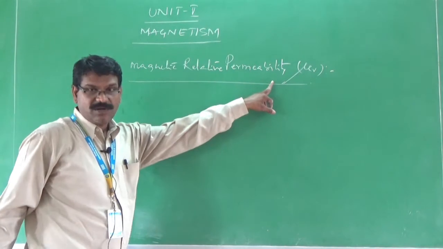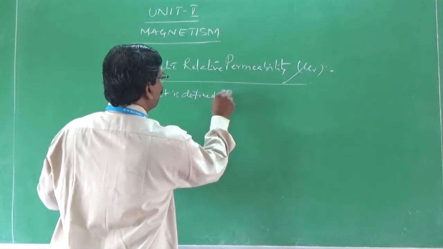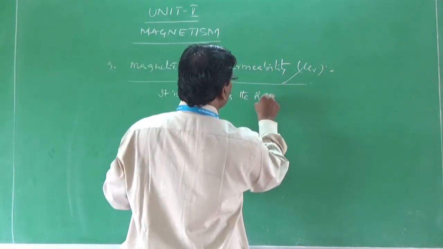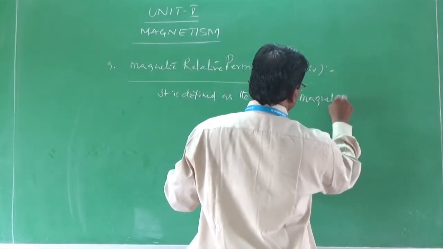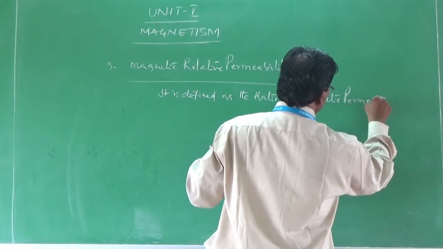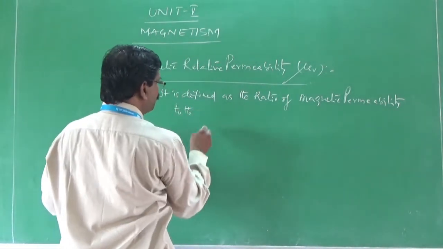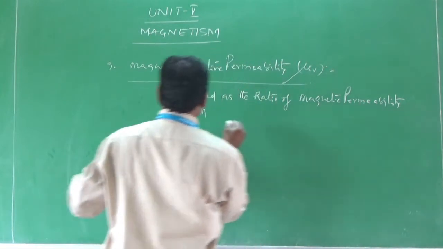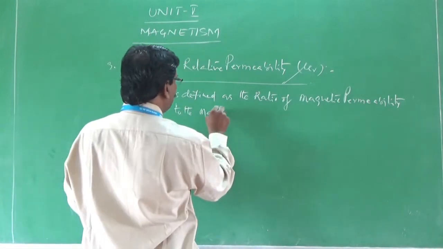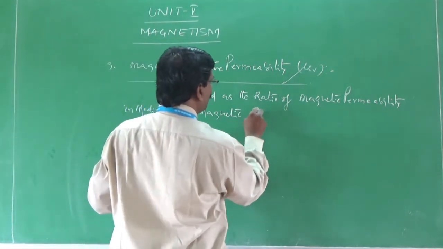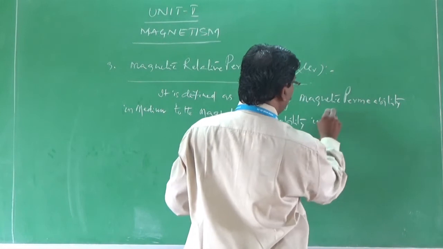The magnetic relative permeability is defined as the ratio of the magnetic permeability of the medium to the magnetic permeability in free space.